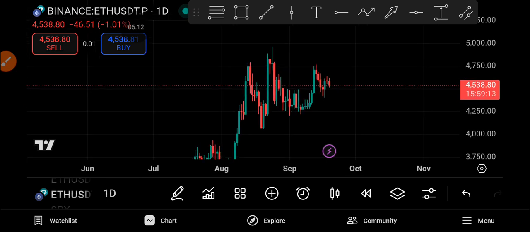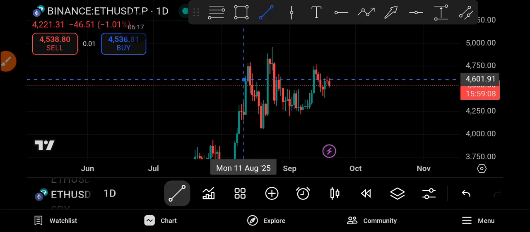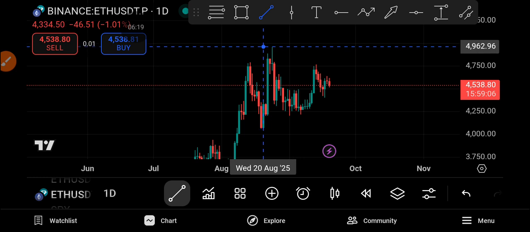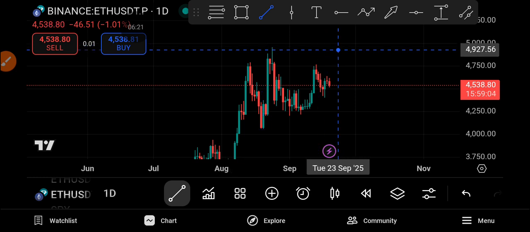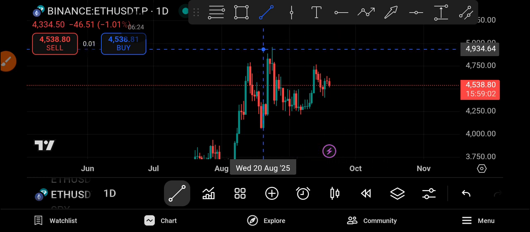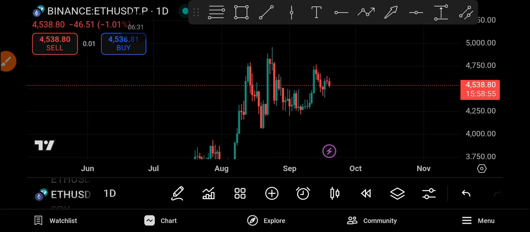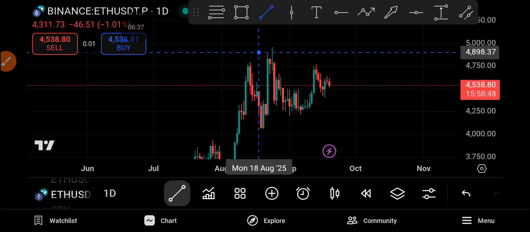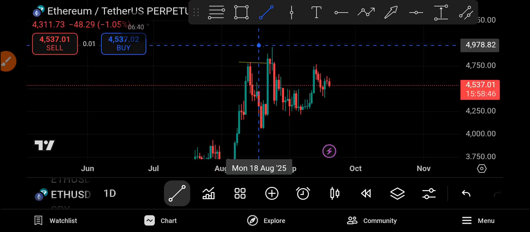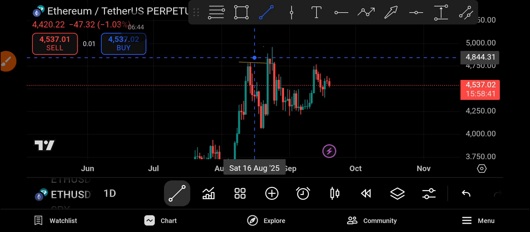So here we have our range. We have a new range here. This market came and swept the previous high, and it broke the structure. So let's use this high. Sorry, my network is disturbing me.